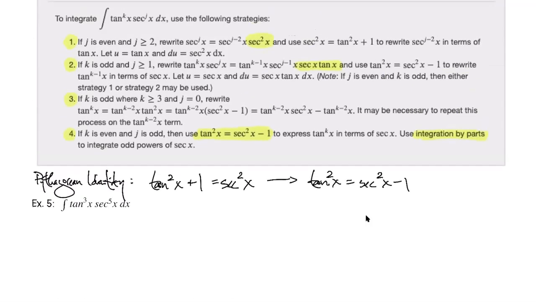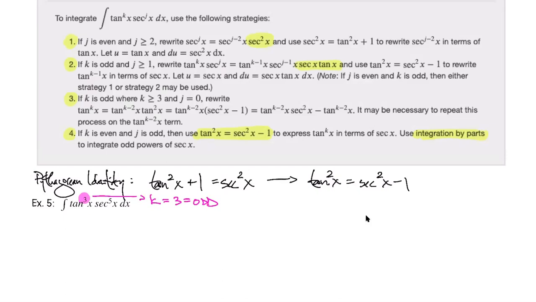So I'm going to look at the powers and think about what might be important. My power of tangent in this case is 3, so k equals 3, which is odd.